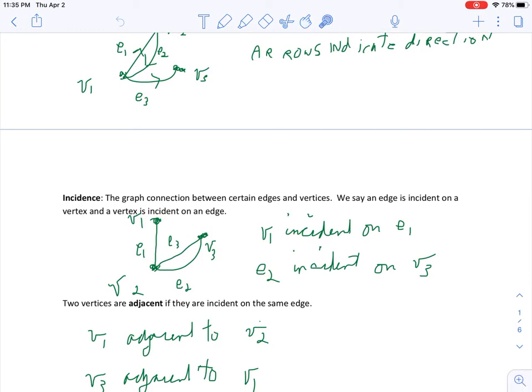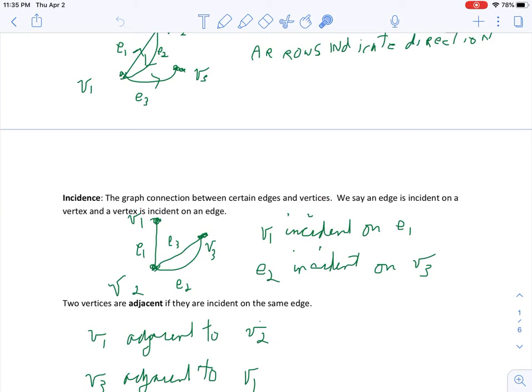So we started a whole new type of structure, graphs, and so we're going to have lots of definitions. The next definition is the word incidence. And incidence is the graph connection between edges and vertices.